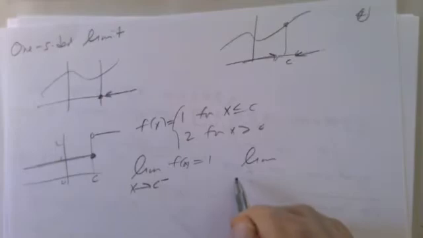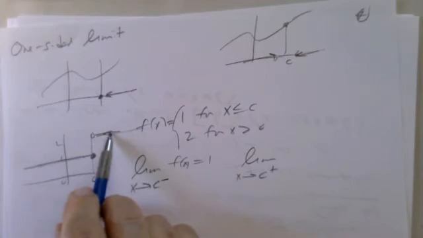If we take the limit as x approaches c from the negative direction, from the left, this function is 1, 1, 1, and the limit is 1. If you take the limit as x approaches c from the plus side, it's 2, 2, 2, and so on. The limit of this function is 2. So this is an example of a function that has a limit from the right and has a limit from the left. That is, it has the one-sided limits, even though it doesn't have an ordinary limit.